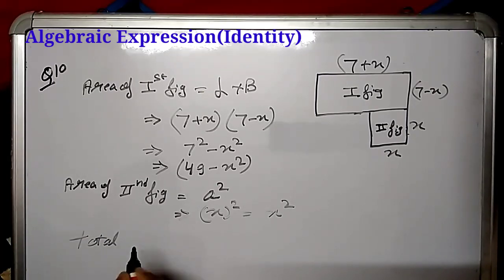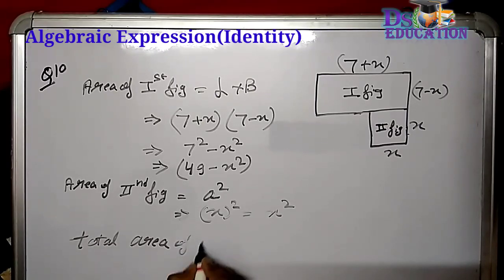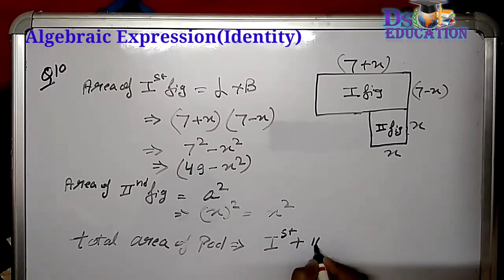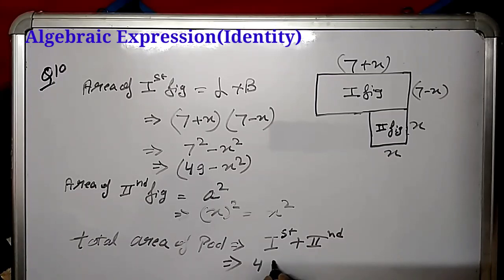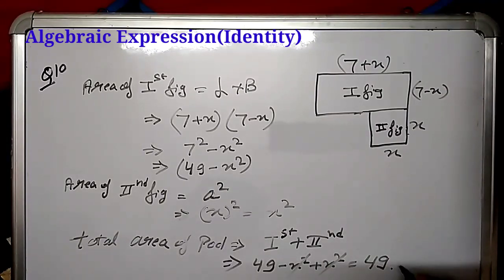Total area of pool, that is the swimming pool, whatever it is given. Area of pool is equal to first area plus second area. Okay, it is coming to 49 minus x square plus x square is equal to 49. Understood? Now we will apply square unit over here. Understood?